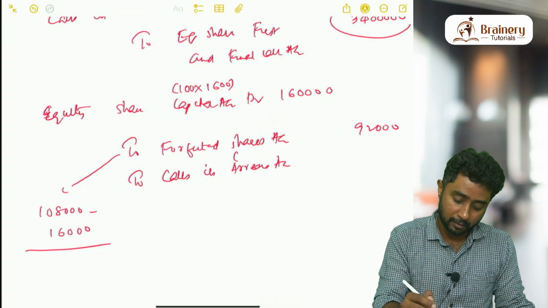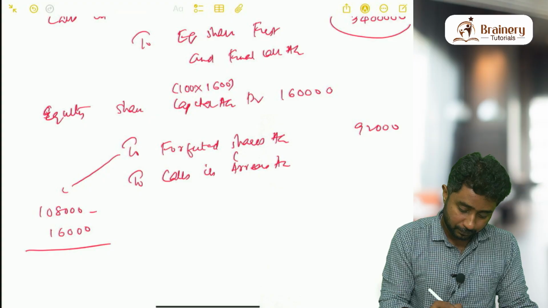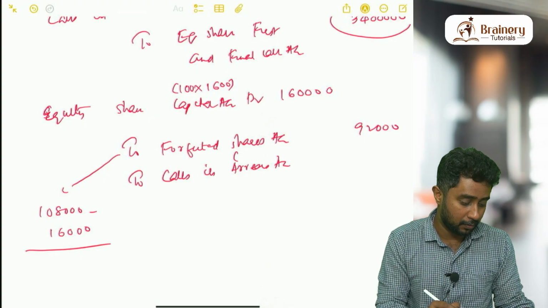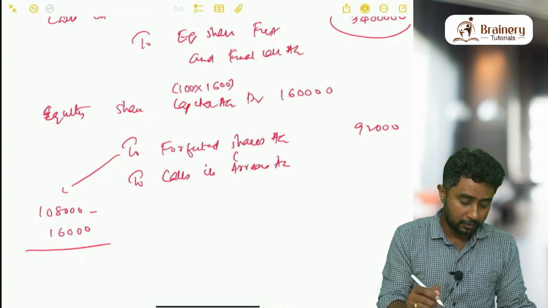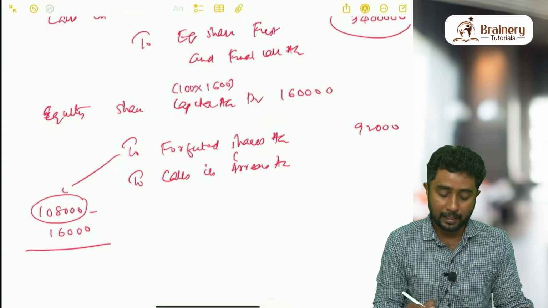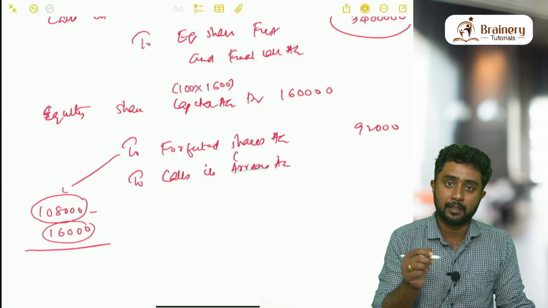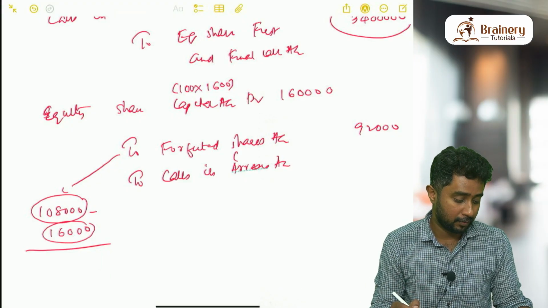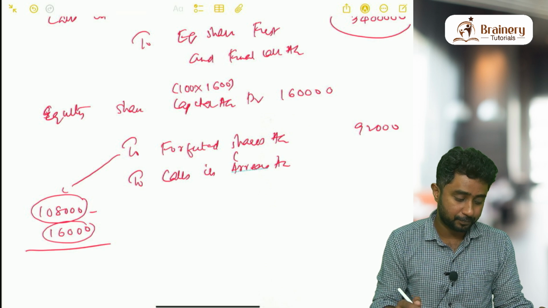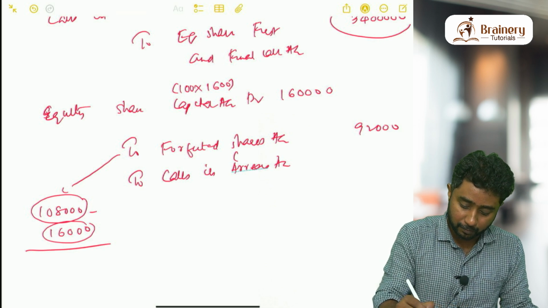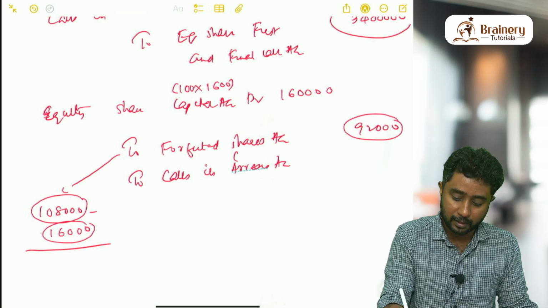Forfeited shares account, first we need to find out 30 into 3600. So 3600 means 1,08,000 will come. In that 16,000 is the premium that he pays, 1,600 into 10. When we are removing it, you are getting 92,000.